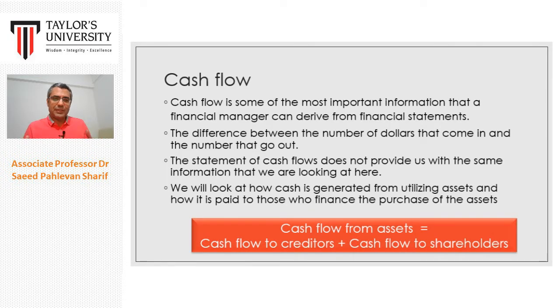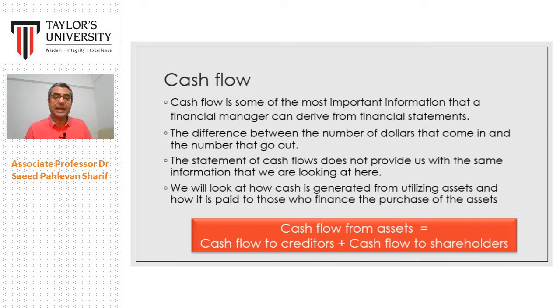So we can now write this formula from the one that you already saw, the balance sheet identity. Cash flow from assets: the company already owns some assets, maybe machinery, buildings, trucks, whatever assets they have. They use them in the company to generate revenue, to generate cash.